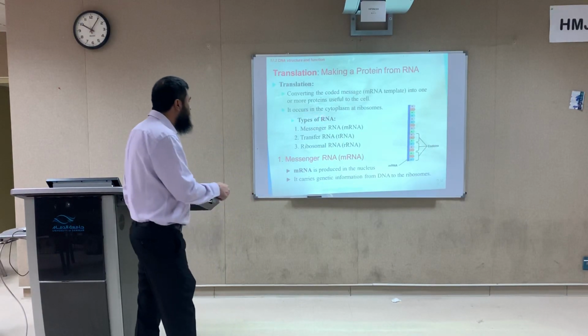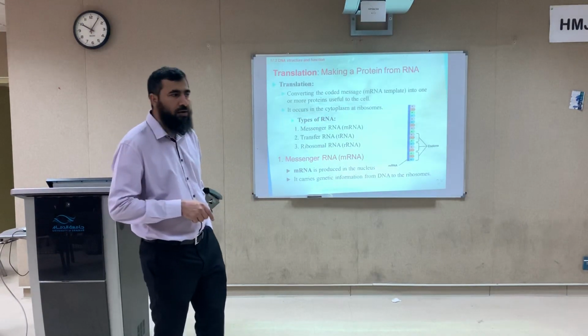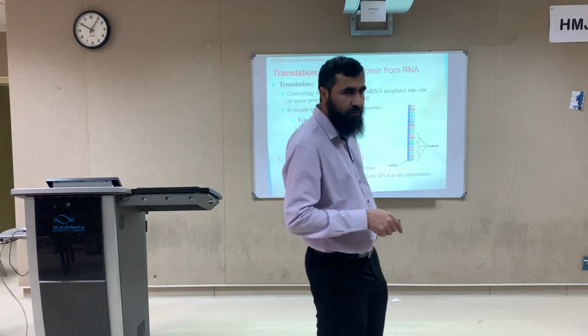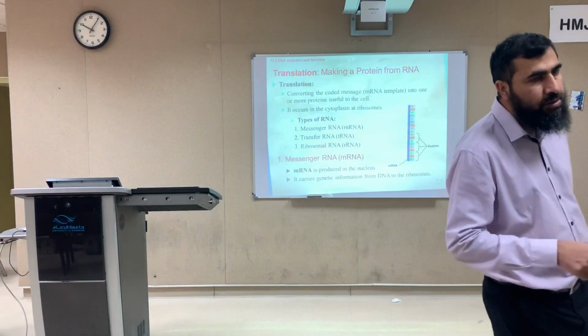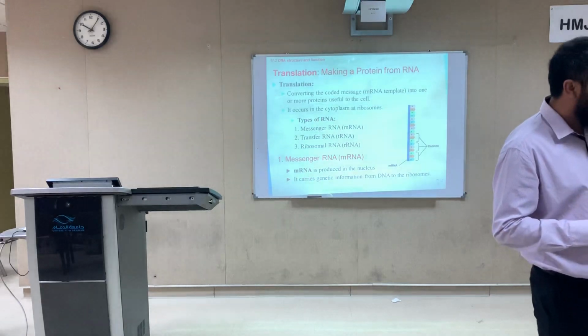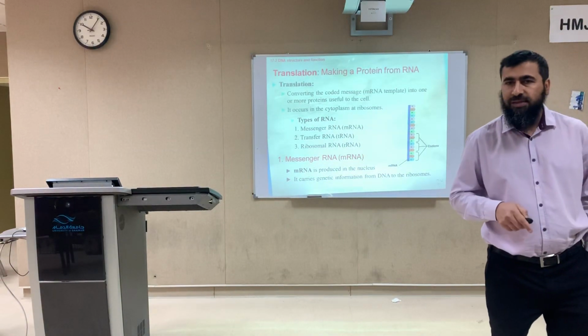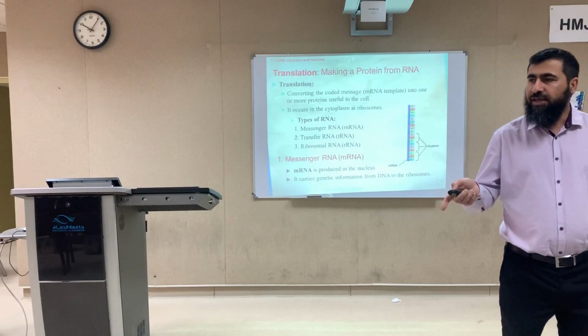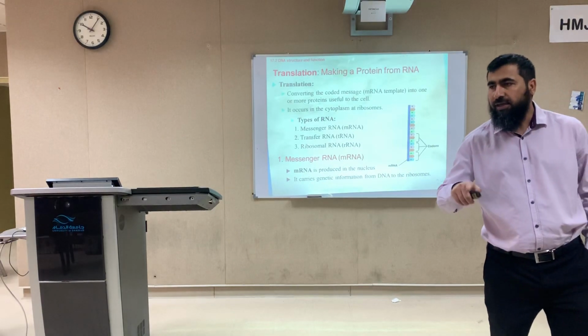Before we move on, remember I talked about a few types of RNAs that are involved in translation, okay? Messenger RNA, where's that coming from? As I said, from transcription, from converting the DNA sequence to RNA in the nucleus.